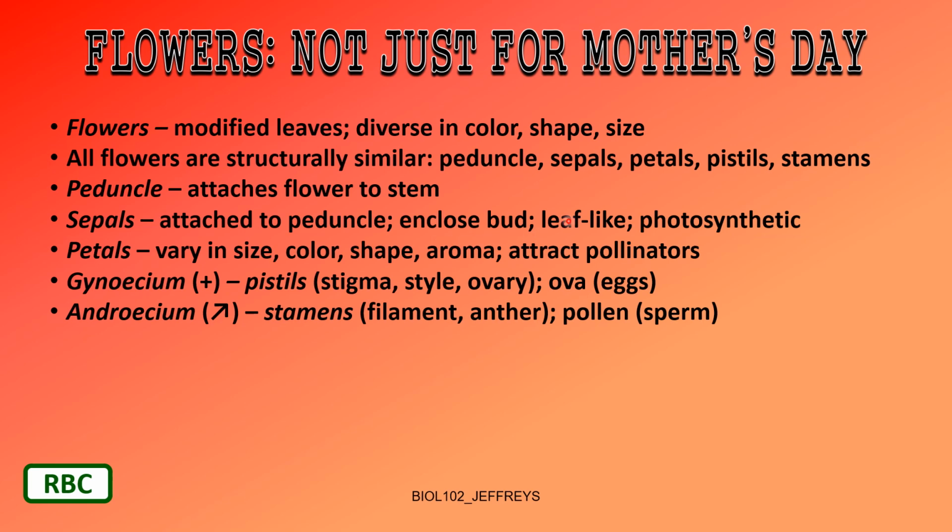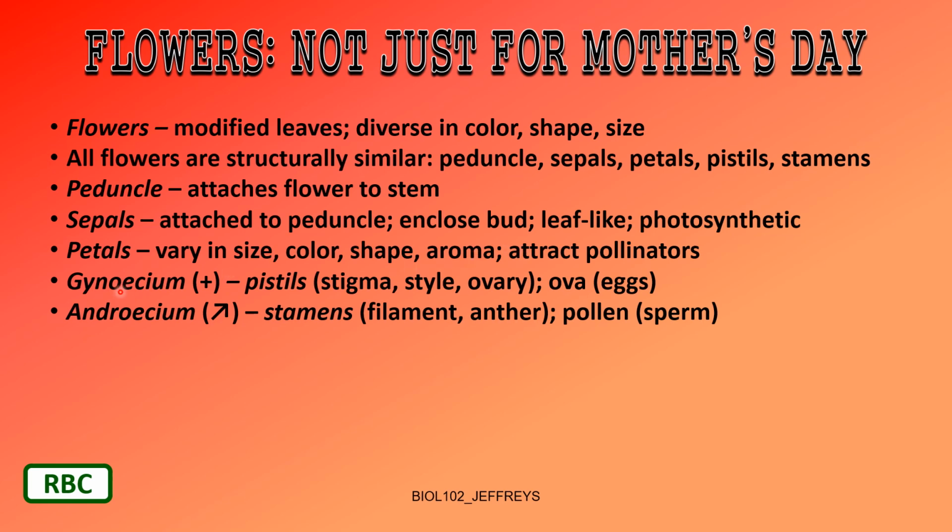But they're leaf-like, and initially they're photosynthetic. They're green, so they have chlorophyll, so they do photosynthesis. All right, petals vary in size, color, shape, and aroma, and they are designed to attract pollinators of various types, flies and bees and butterflies and moths and bats and hummingbirds and all different kinds of pollinators.